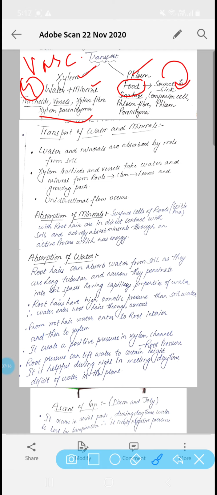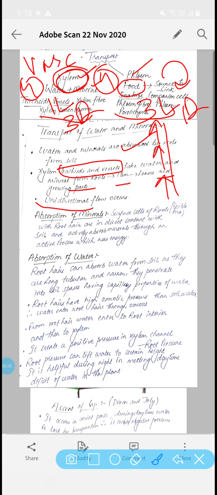They take water and minerals from the root and supply them to the stems, leaves and all the growing parts. This flow in xylem is always unidirectional, always from root to the upper part.